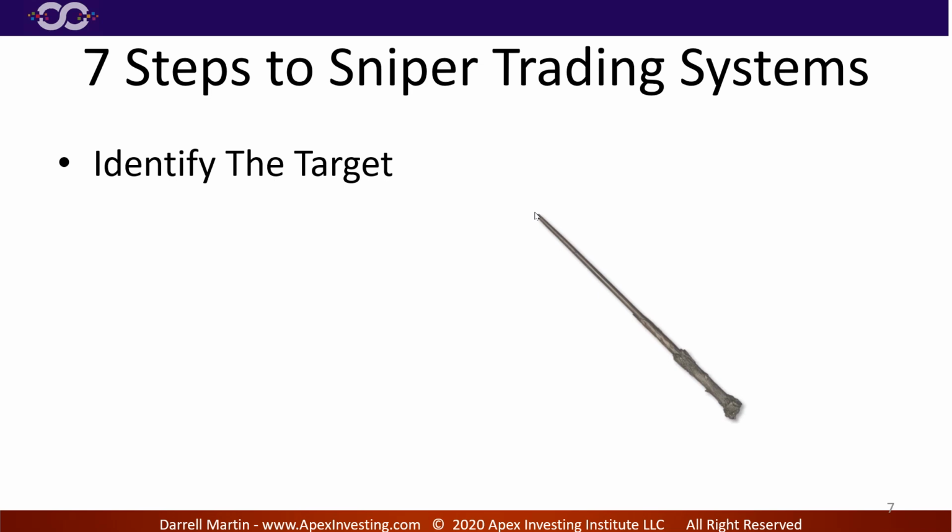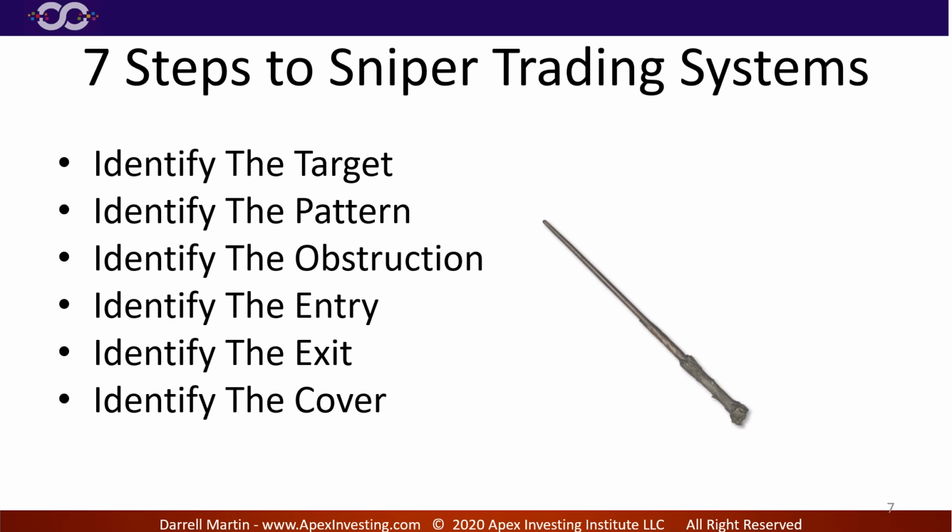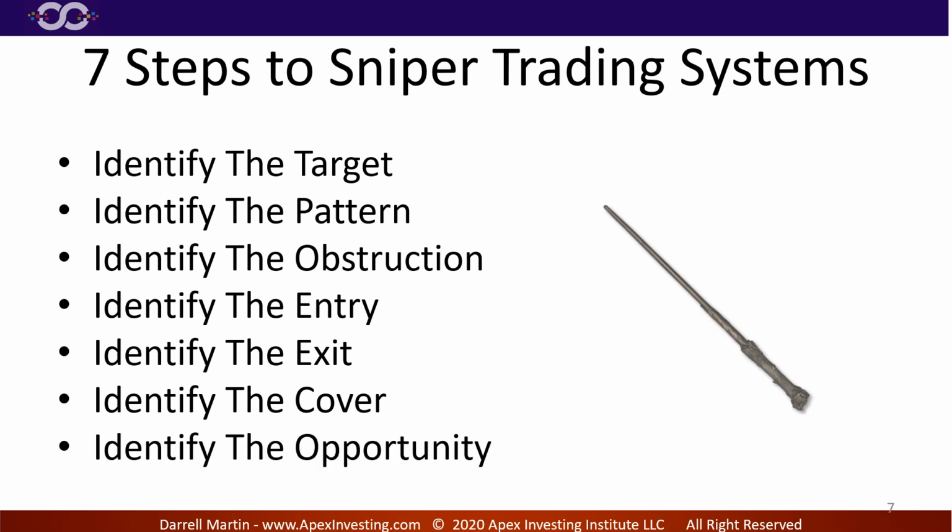You're identifying the target, the pattern, and any obstructions in the way. You'll identify your entry price, your exit price, if you need to take cover, like tightening it up or adjusting your entry or exit, and then identifying the opportunity to let it trail, such as using the simplicity methods.